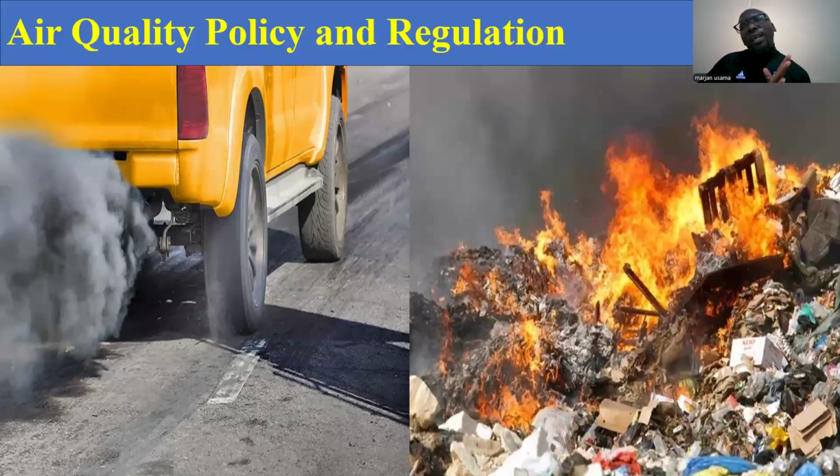So when it comes to environmental health regulation, we need to come up with a policy that is going to ensure that the quality of the air in our environment is at an acceptable level, and we have to come up with a regulation that is going to help us minimize the air pollution.